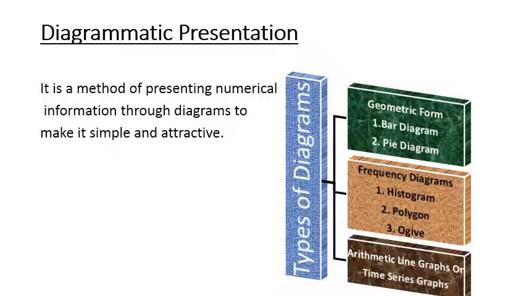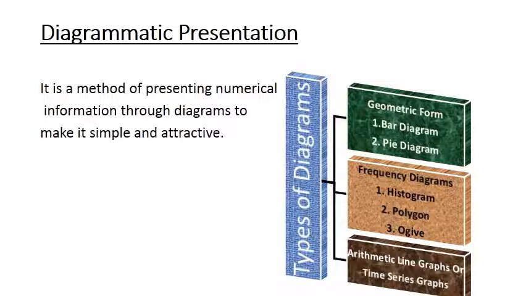First of all, let me tell you the meaning of diagrammatic presentation of data. As we have already discussed, when numerical information is presented in the form of rows and columns, that is tabular presentation of data. Likewise, when numerical information is presented in the form of diagrams, that is known as diagrammatic presentation of data.